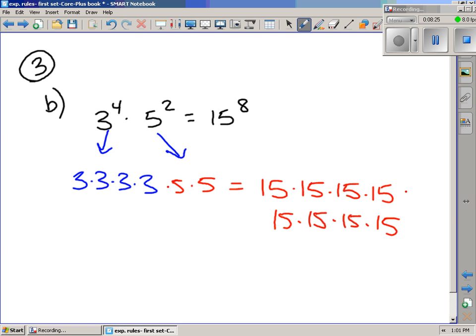Okay, those are not equivalent. The problem here is that the bases are not the same, and they're trying to apply rule 1. And what they did is they just multiplied, and they got 15. And then, on top of that, they didn't add the exponents, they multiplied them to get 8. So this one is really incorrect.